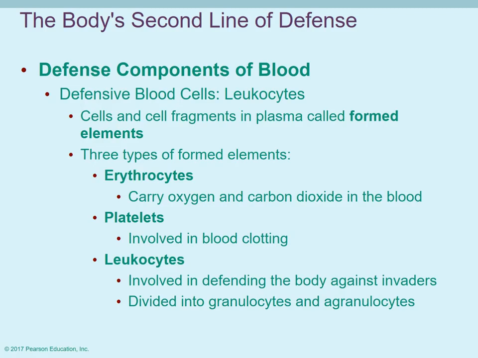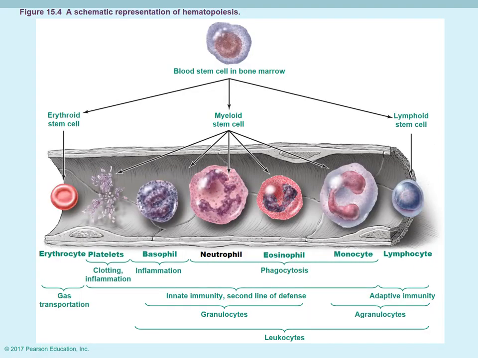And you know how we like to divide things. So the leukocytes are further subdivided into two categories, either granulocytes or agranulocytes. For the granulocytes, there are three different types. In agranulocytes, there are two different types. This picture here is just showing all the types of the formed elements.